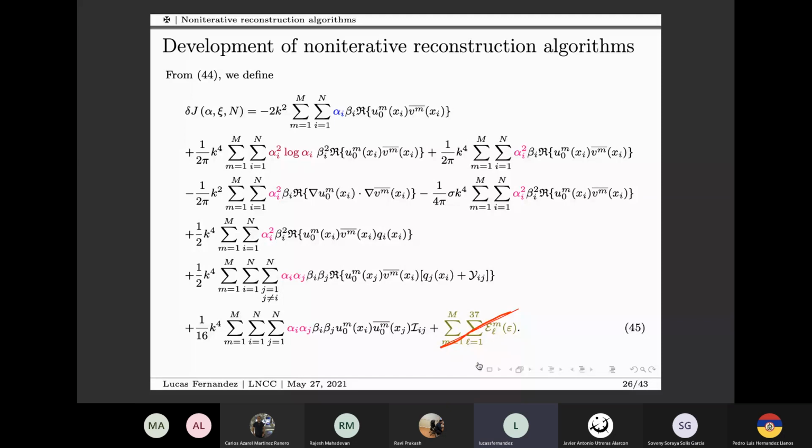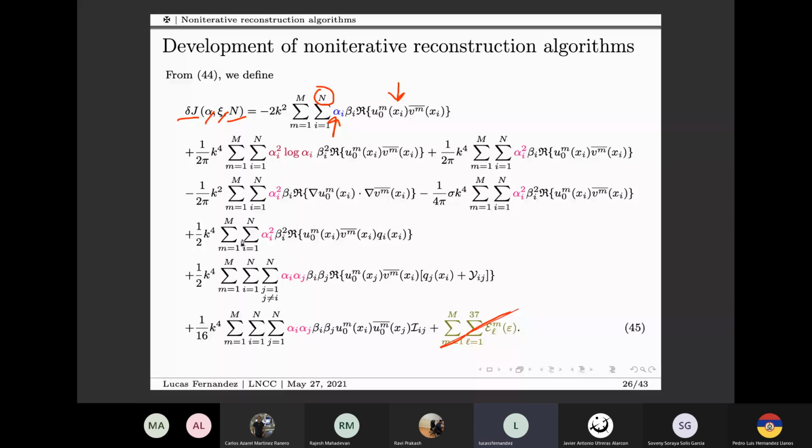The asymptotic expansion without the remaining terms is denoted by delta J. So note that the right-hand side of equation 45 is dependent on the number of obstacles, the center of them, which is represented by the Greek letter psi here, and the size of the obstacles, which is denoted by alpha, and here I have alpha also.